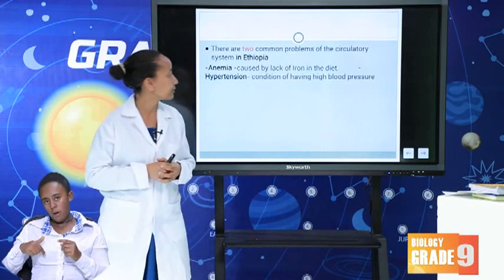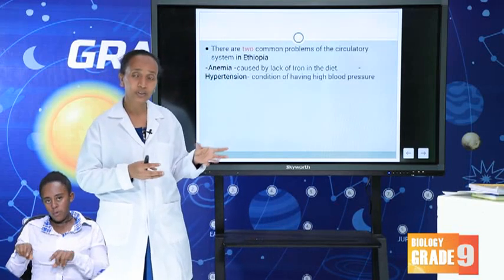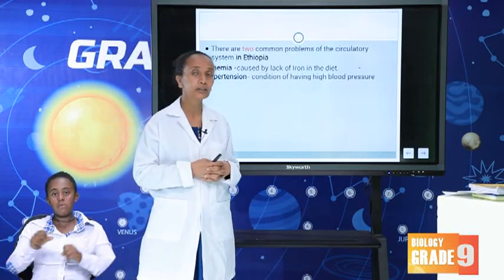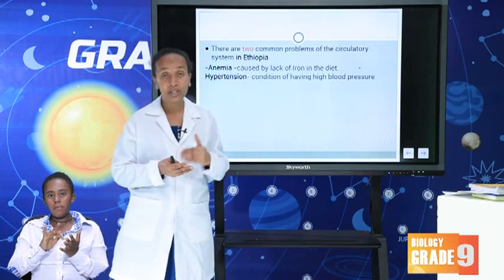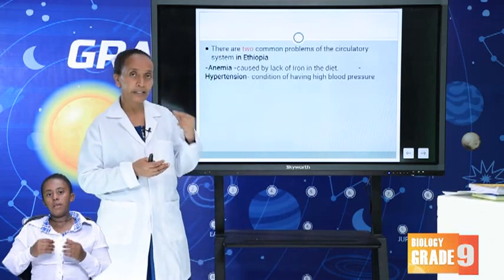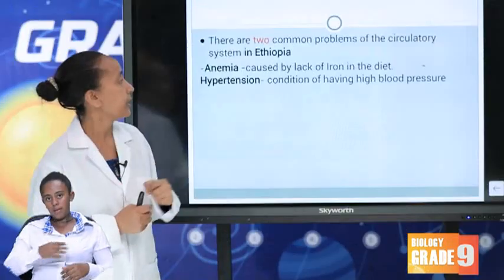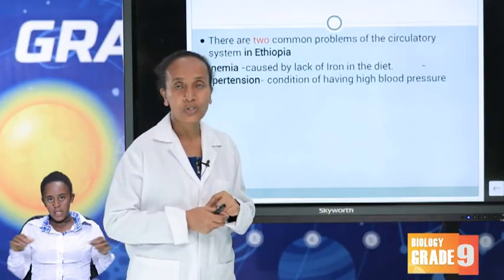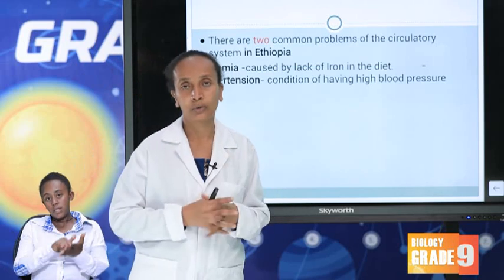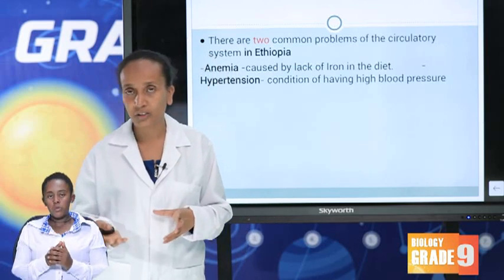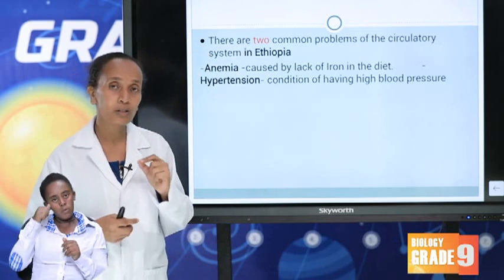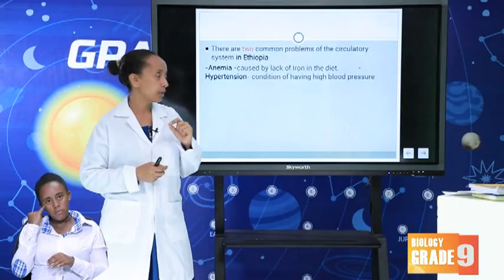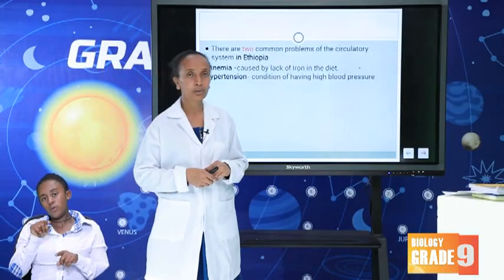And also we have seen that the circulatory system has 3 components: the pump, the pipe, and the medium: blood, heart, and vessels. After that, we have tried to see the 3 components and their function. So you are expected to remember all these important points when you study your textbook.